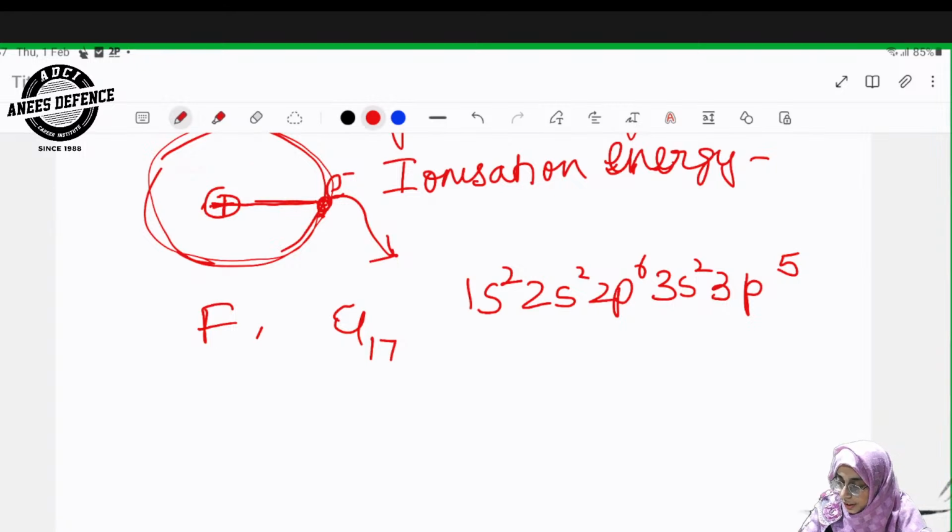Elements in group 13 have one electron in their p orbital, whereas elements in group 18 have 6 electrons in their outermost p orbital. Like boron has p1, oxygen has p4, and neon comes in group 18.